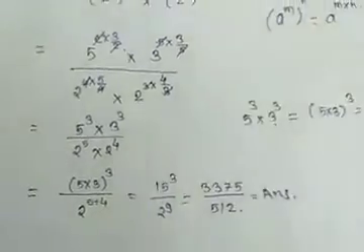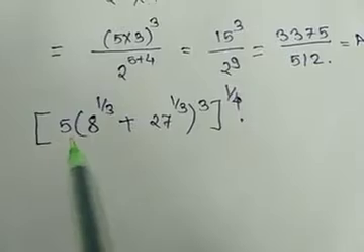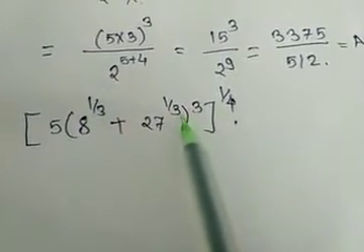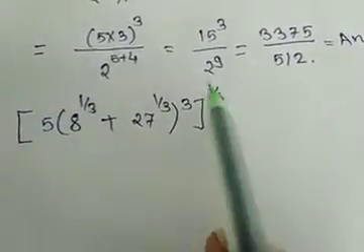Now next example is 5 into bracket 8 raised to 1 by 3 plus 27 raised to 1 by 3 bracket cube, total bracket raised to 1 by 4.